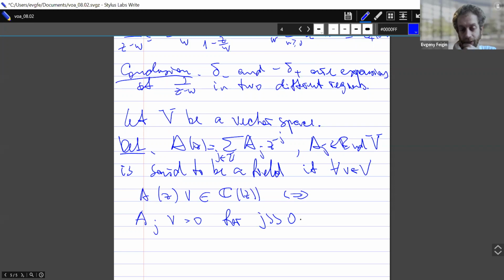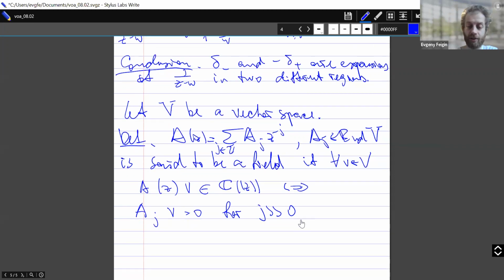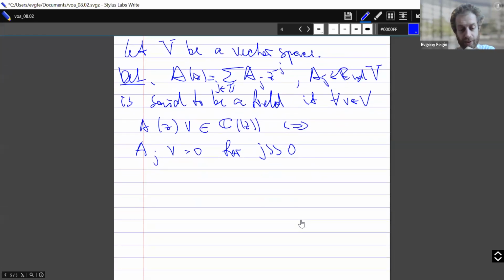Well, this is some condition, and actually the situation we are going to work with is as follows. Usually V is graded.